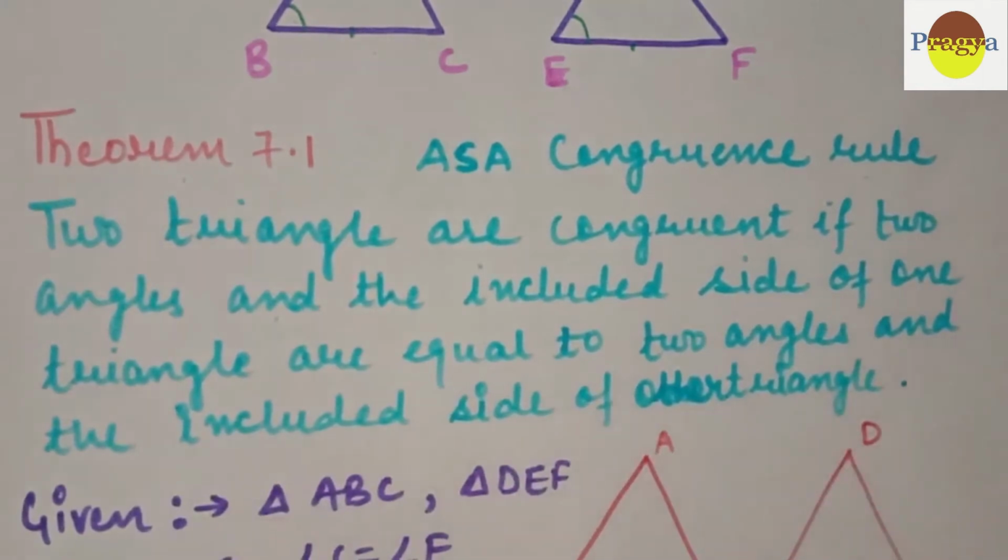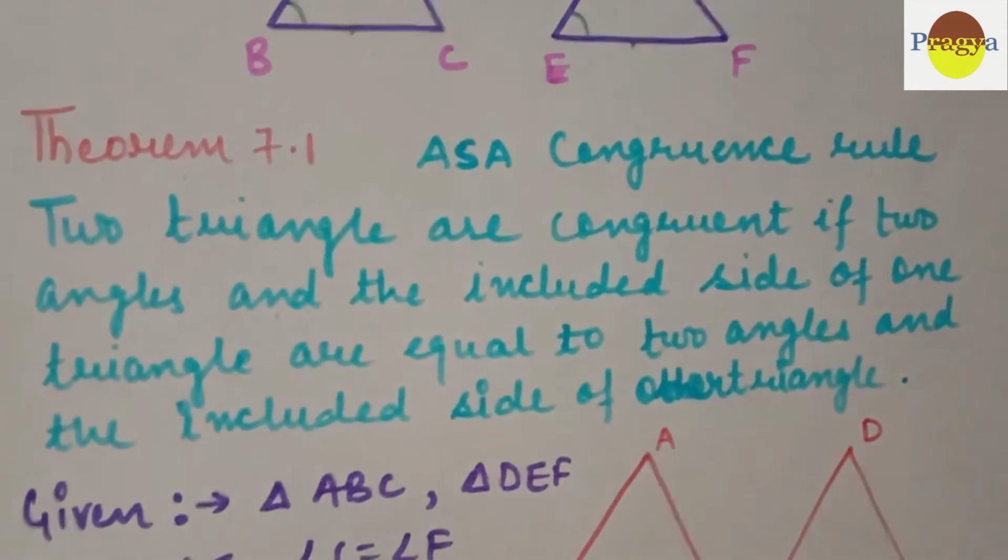So students, try to understand, this is our theorem. We have to prove it. We have to show that this result is true. So what is the theorem? Two triangles are congruent if two angles and the included side of one triangle are equal to the two angles and the included side of the other triangle.